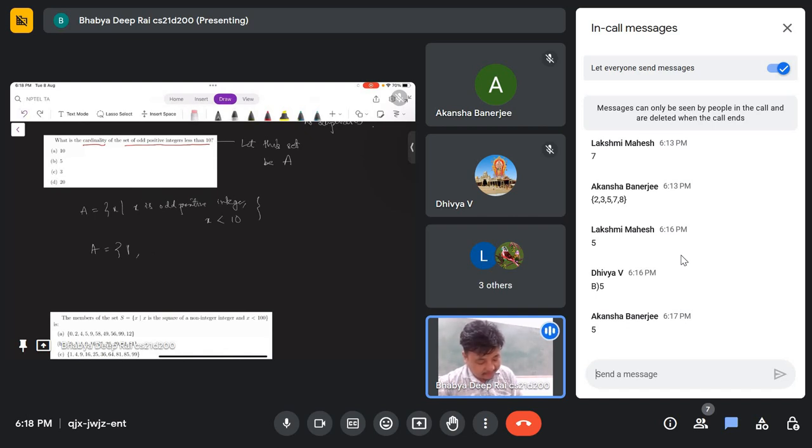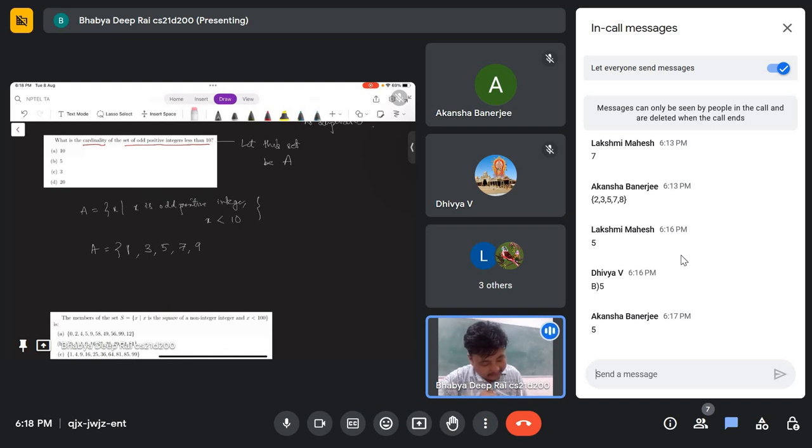The next odd positive number is 3. Next we have 5, next 7, and next 9. If we keep going, we get 11 and so on. But remember, 11 is not less than 10, so it does not satisfy the requirement of the set. So 11 is not a member of the set.